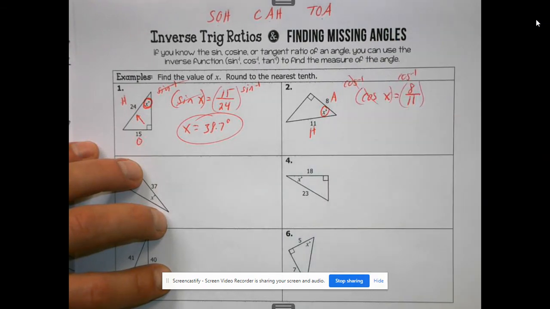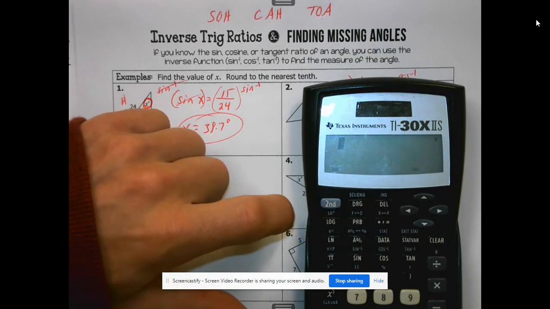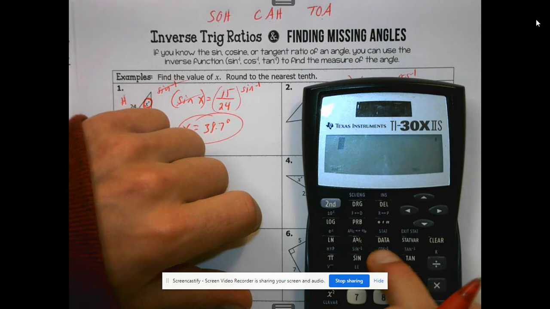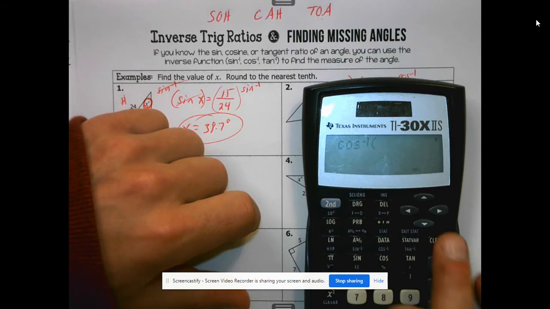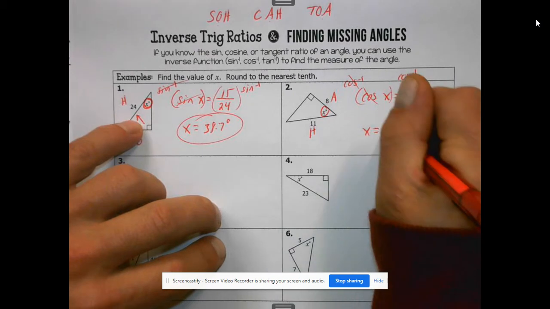Cancel, cancel. Bring down the X. Type it in. Second button first, then the inverse cosine. Then type in the fraction, which is 8 over 11. Answer is 43.3 degrees.